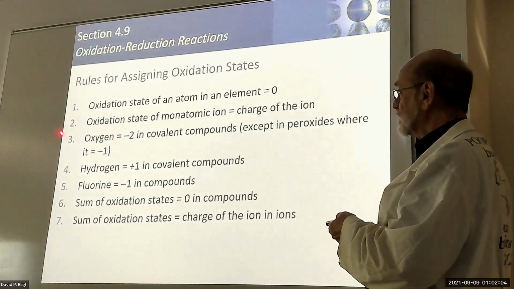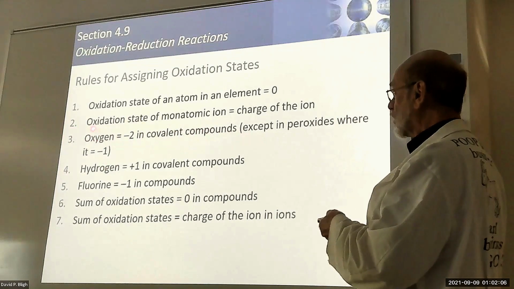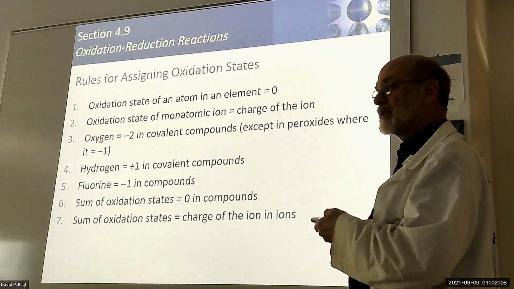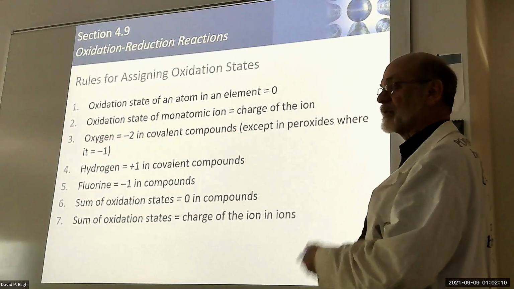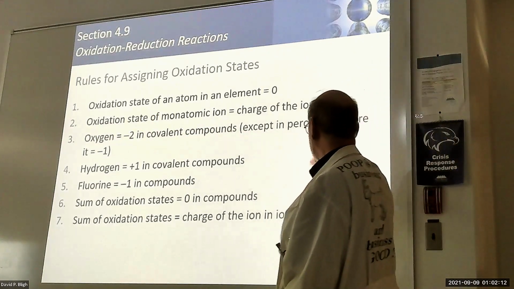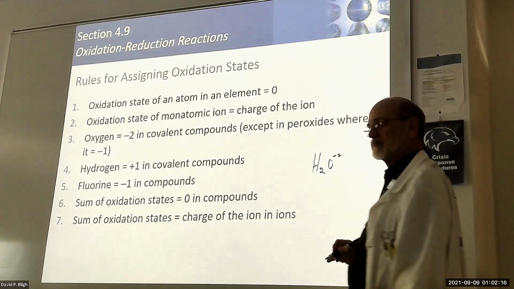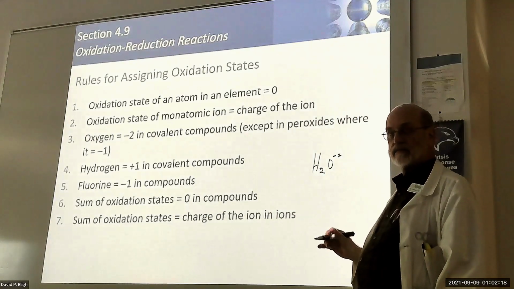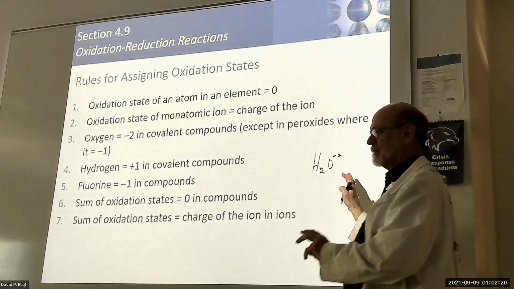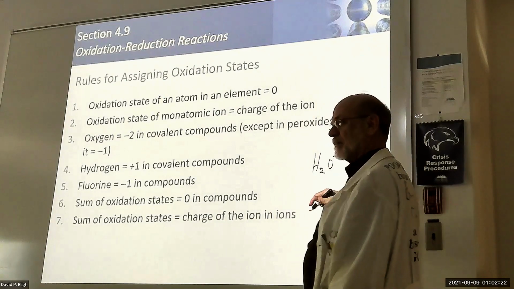Oxygen in most cases in covalent compounds is given an oxidation state of -2. So for water, oxygen would be -2 oxidation state. We know it's not an ion. How about the hydrogen?